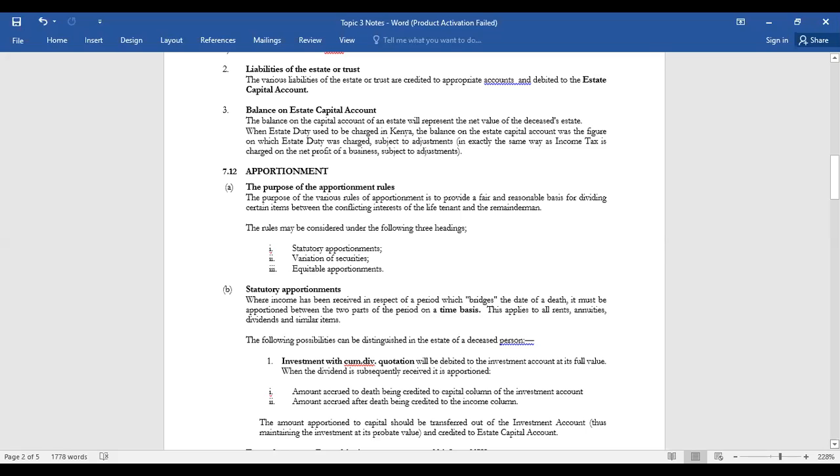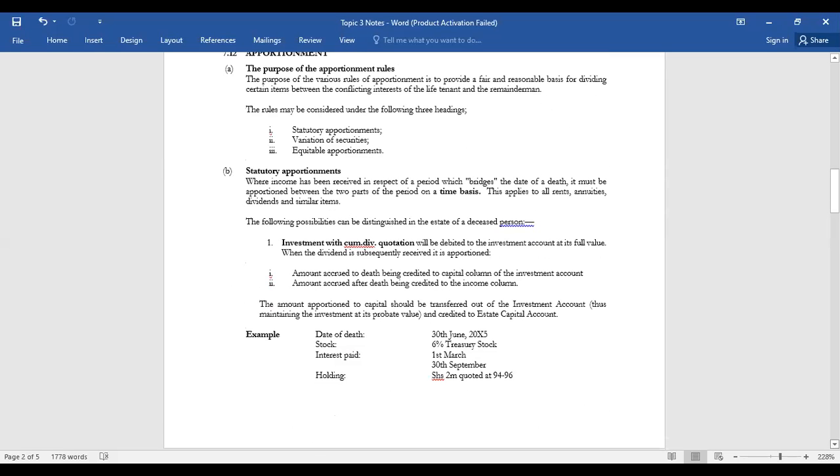And this is very important. So we'll be closing this account and the amount will be now transferred to the estate capital account as a credit. It was debited in the investment account. Therefore, to close it, we are going to have a contra entry in the estate capital account. And we have an example here.